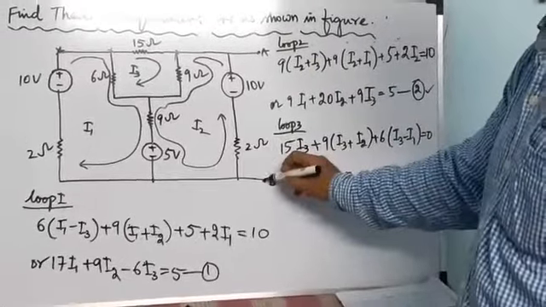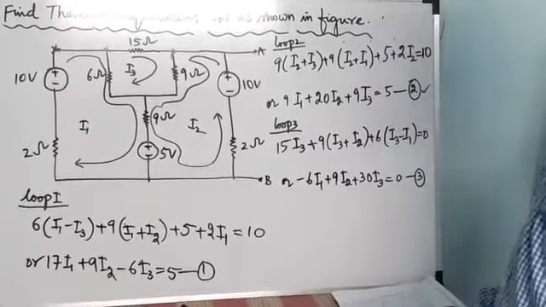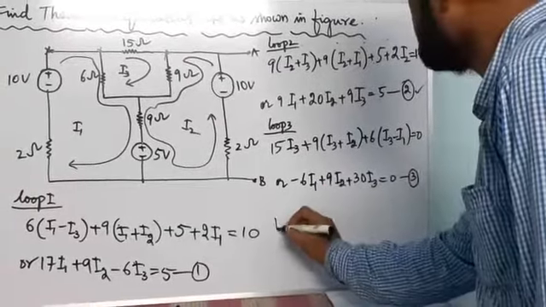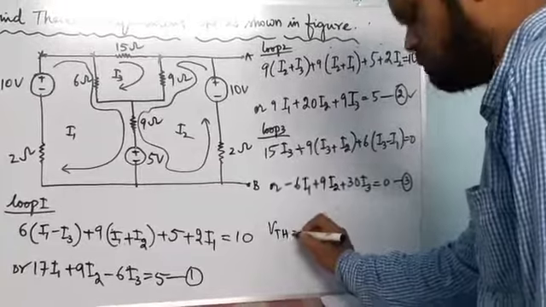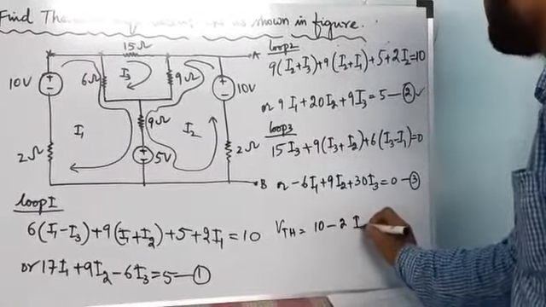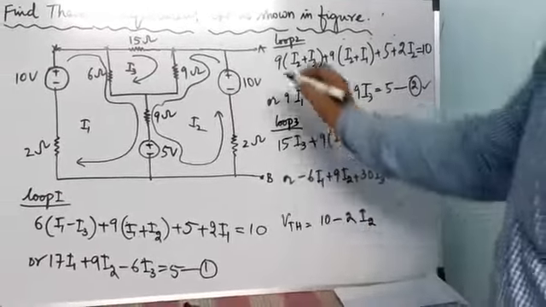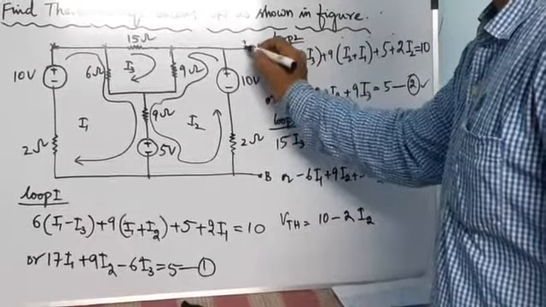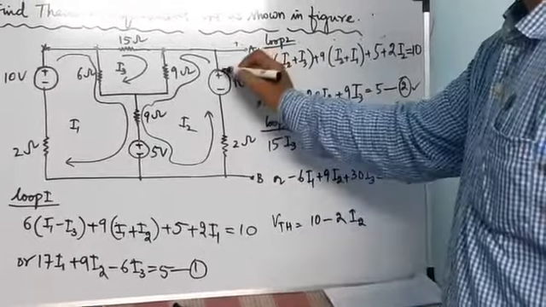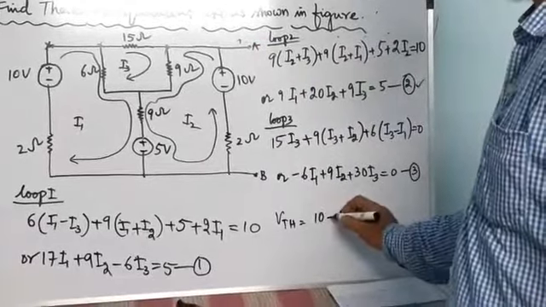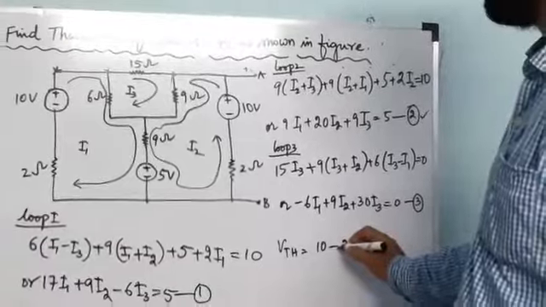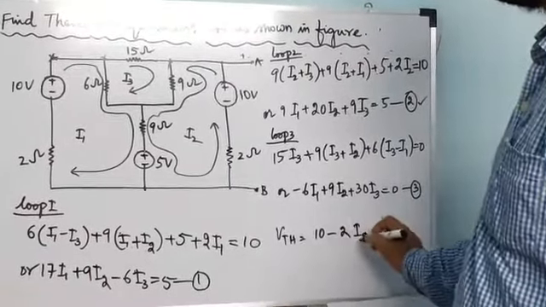I want to find VTH or VOC. That is, VTH is equal to 10 minus 2 I2. How? Because this I will always consider positive, so my direction will go like this, towards the positive 10, so minus 2 I2.